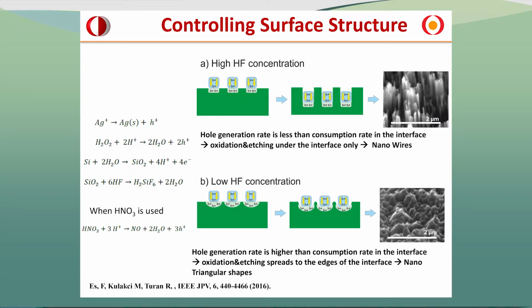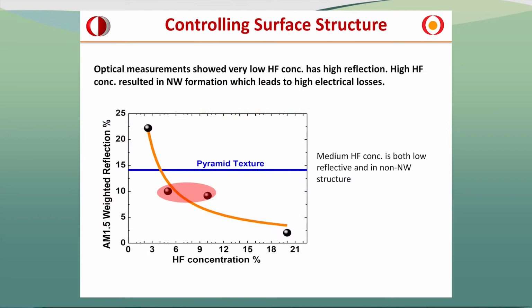However, if you reduce the HF concentration to a certain level, the hole concentration is so high here that they spread around the nanoparticles so that you end up with structures like this one. So you generate pyramid-like structures on the surface using the same solution with different HF concentration.